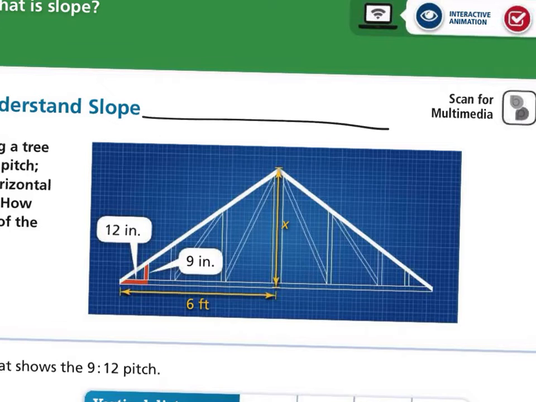I'm just going to redraw this picture up here. And so basically, if we go up 9 inches and then over 12 inches, that gets us to another point on the roof.